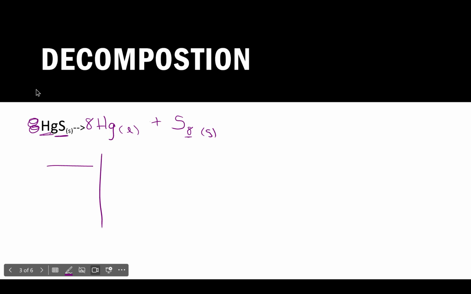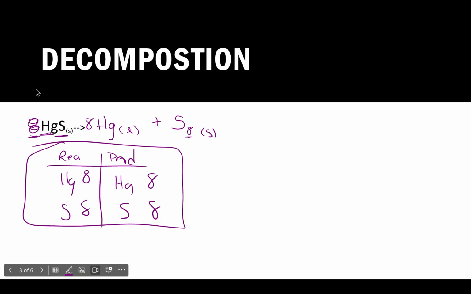So now, again, if we look at our reactants and our products, we have Hg, we have sulfur, Hg, sulfur. So now with that 8 in front, that means I had 8 of each. And on my product side, I have 8 Hg and 8 sulfur. So everything is balanced. Now, if you like making this chart, go right ahead. But as you get faster, you won't need it.